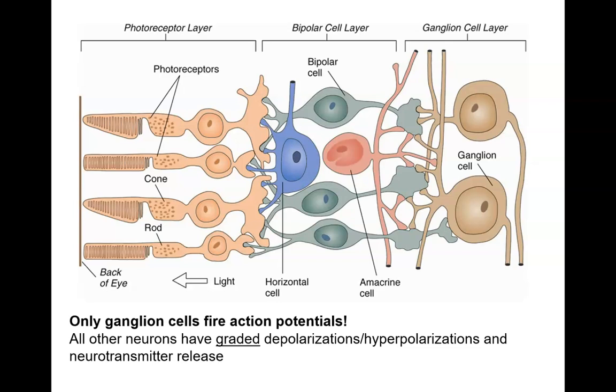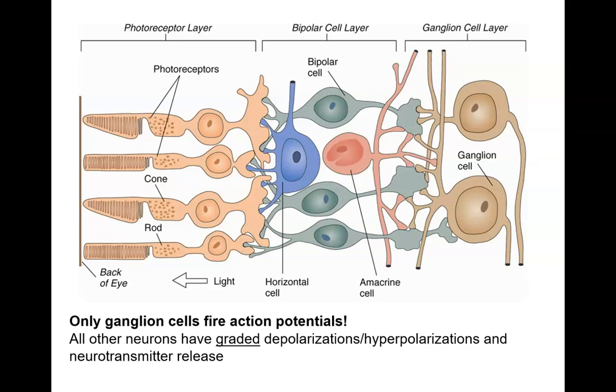They get variable amounts of neurotransmitter release. In this particular case, the neurotransmitter is going to be glutamate. So glutamate for the visual system is going to be really important for our being able to see.